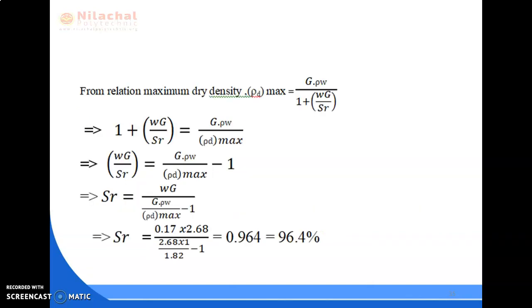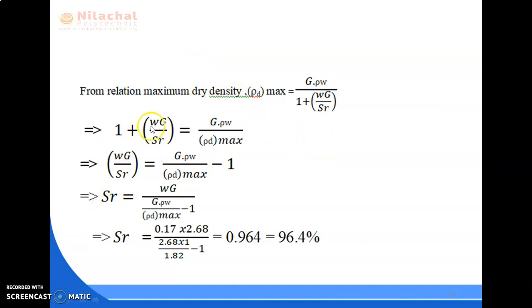So first we know the relation, rho d max equal to G rho w by 1 plus wG by Sr. From that, G is given, rho w value we know, w value is given, so the unknown is Sr. So from that we can calculate the Sr value.